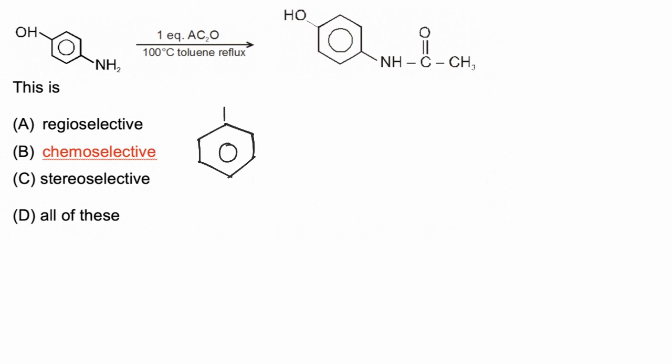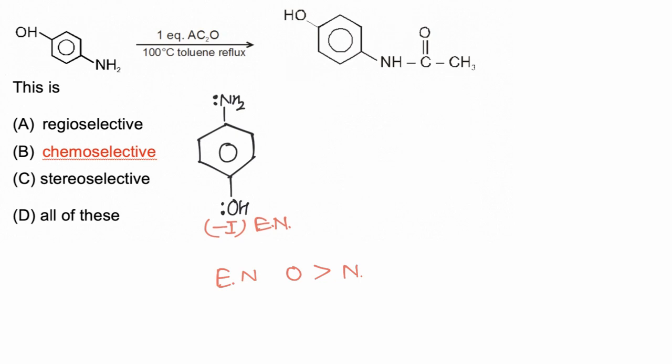Now this molecule is to be reacted with acetic anhydride. Nitrogen and oxygen both have a pair of electrons, but nitrogen is comparatively less electronegative than oxygen. The minus I effect or electronegativity of nitrogen is less, while oxygen is comparatively more electronegative than nitrogen.